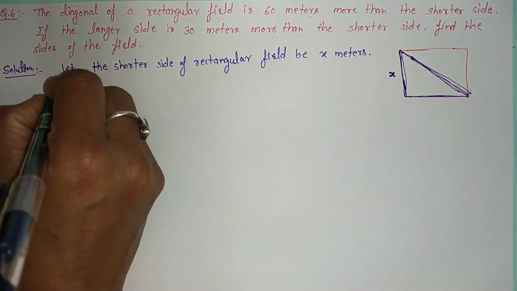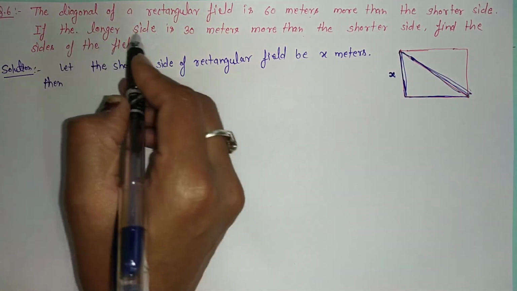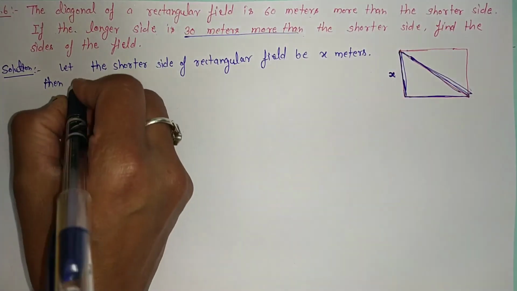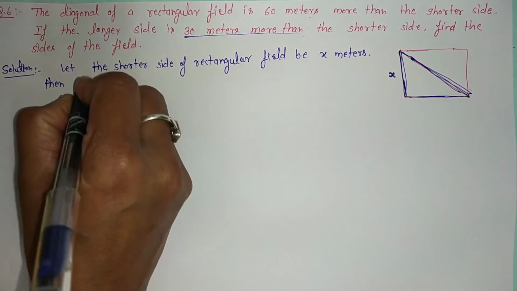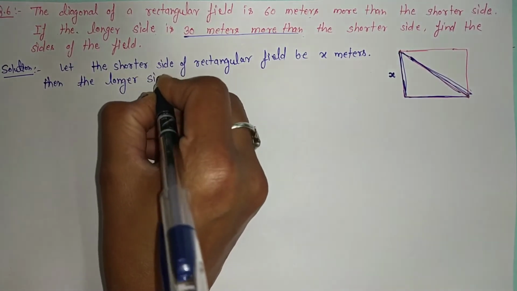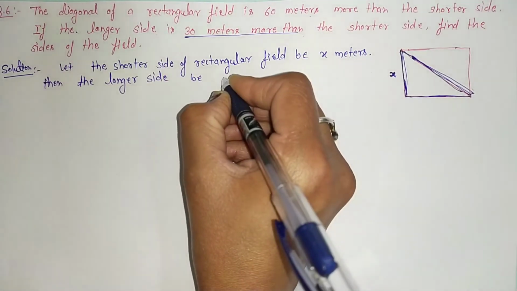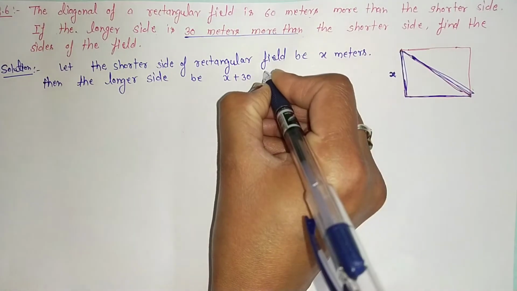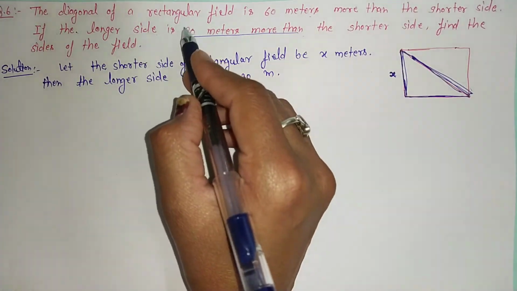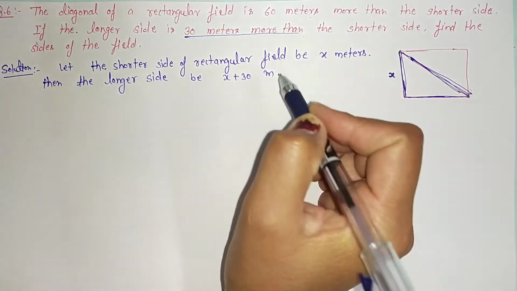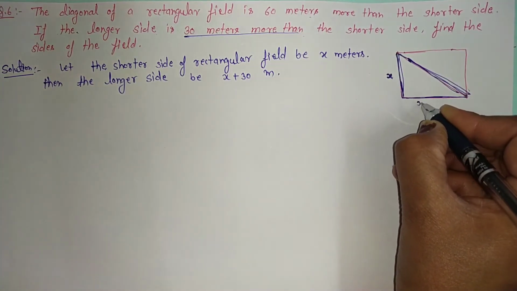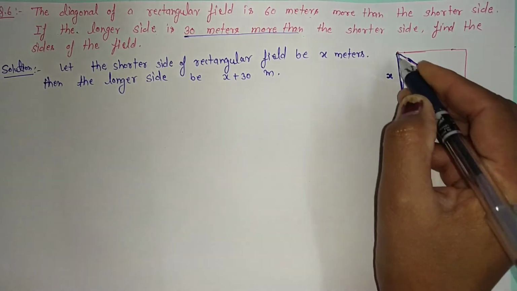Then it is given that the longer side is 30 meter more than the shorter side. Then the longer side will be x plus 30 meter, because it is given that the longer side is 30 meter more than the shorter side.